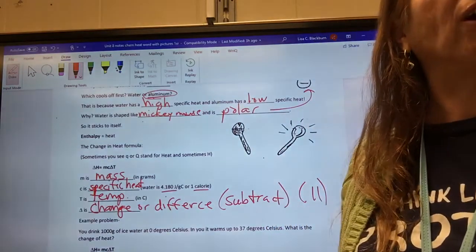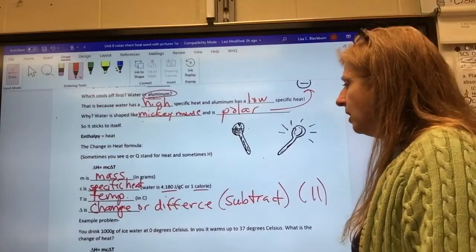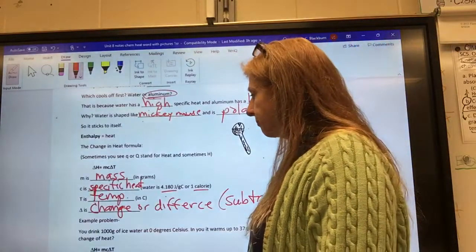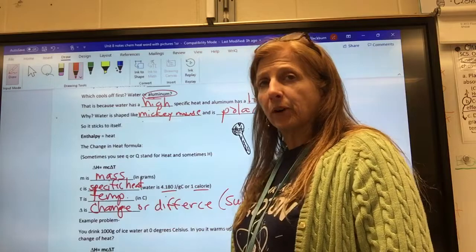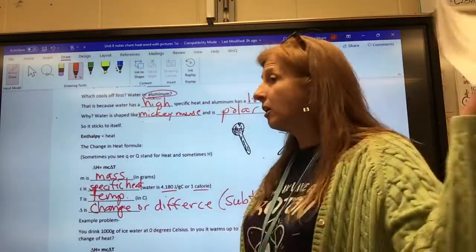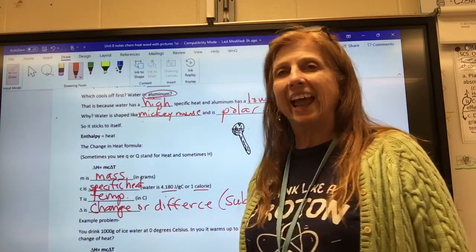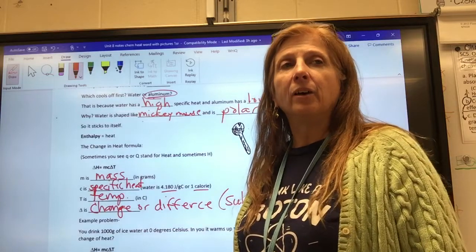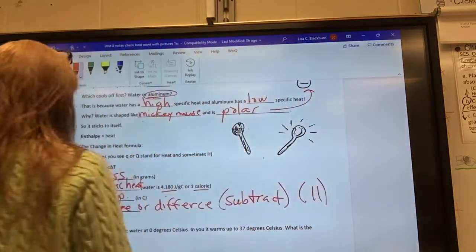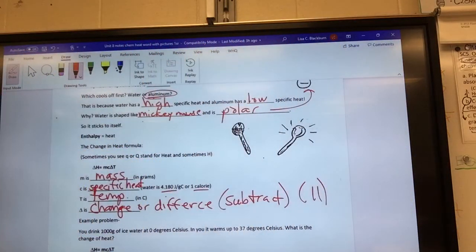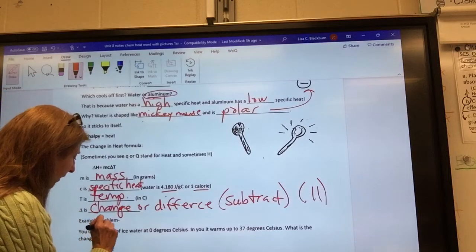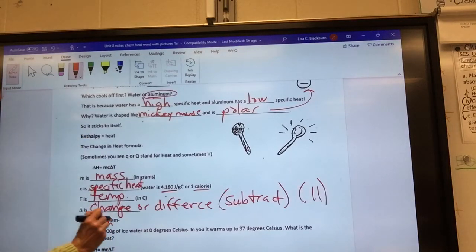All right, how are we so far? All pretty easy, right? So here's an example problem. When you read through, remember what makes a word problem hard? The words. So we're going to annotate the problem, and then we're going to get rid of the words. You drink 1,000 grams of ice. Is that a mass, a specific heat, a temperature, or a change? It's a mass. I'm going to write a little M over that. Of ice water, now water is a chemical, so that might be important.